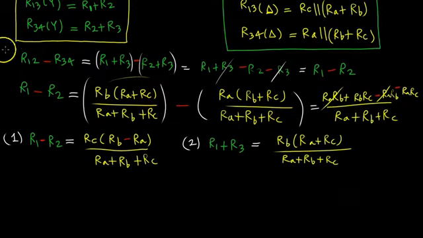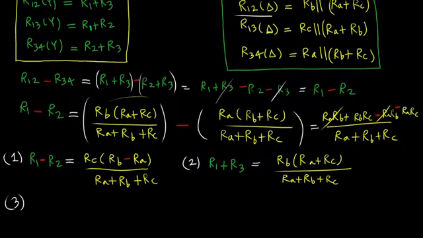Let's find the other relationship, which is up here, and that is R1 plus R2 is equal to RC. So R1 plus R2 is going to equal RC in parallel with RA and RB.